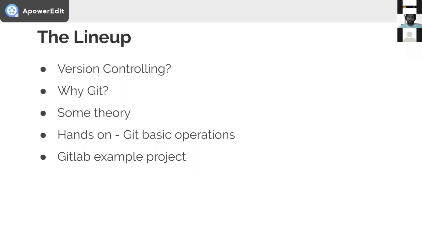And if we have enough time, we'll try to open up a GitLab example project. The idea is that I expect everyone to learn something out of this session, which you can employ practically in your day-to-day life, either in campuses, in a university project, or in an actual real-world project when you come to the industry.